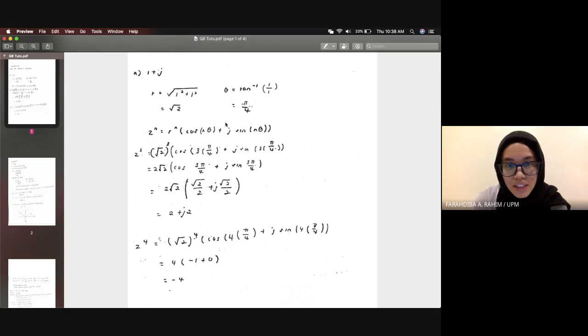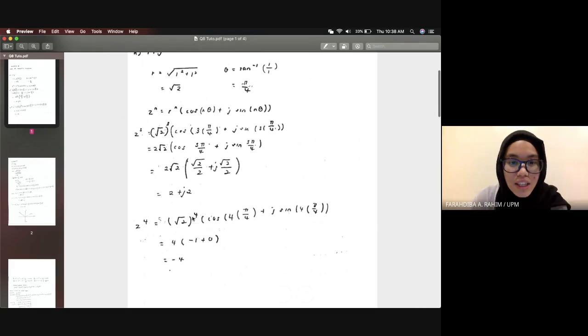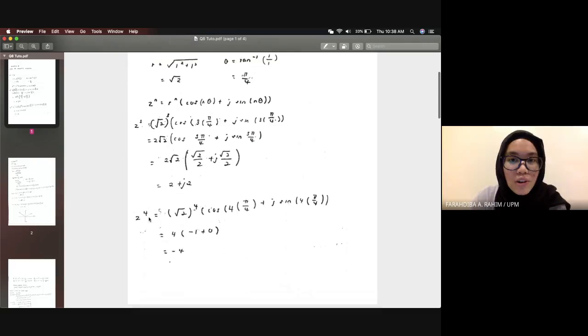So I just express this into polar form by using this De Moivre's theorem, and just substitute n equals to 3. Okay, so just do the math and I get this 2 plus j2. And the second one is the fourth power, so just substitute n equals to 4.